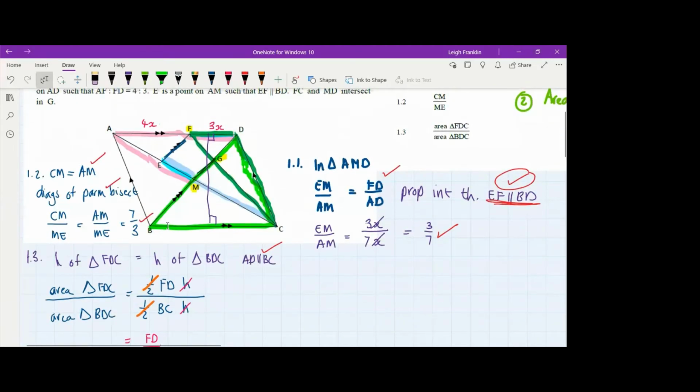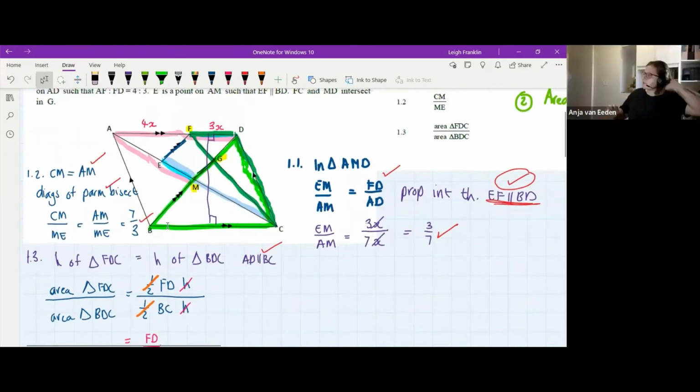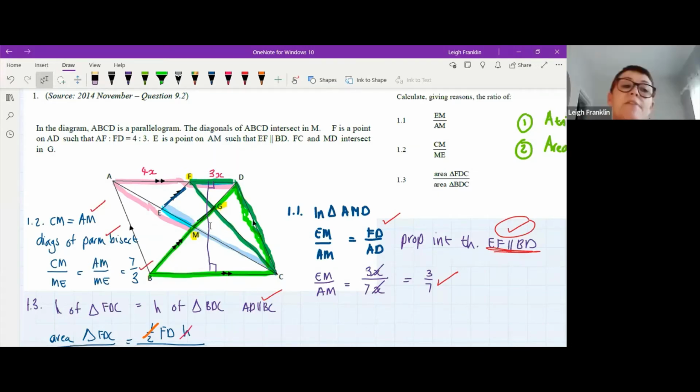Ma'am, may I jump in here and make a note for the students? When you get a question like this, will those lines in the ratio that you write, FD over BC, always be parallel? That's something for students to look out for. Well, they told us in the beginning that it was a parallelogram.